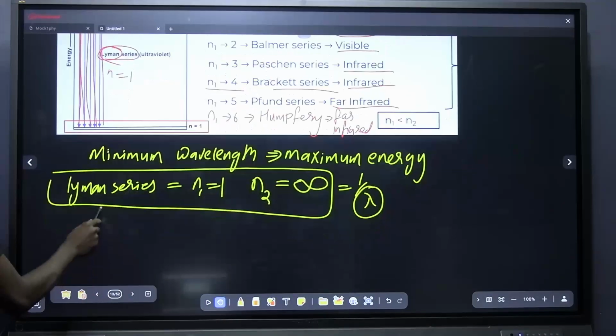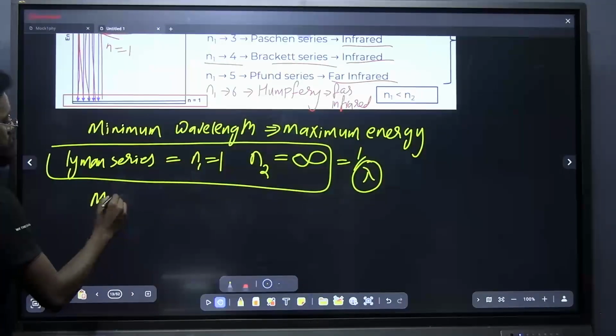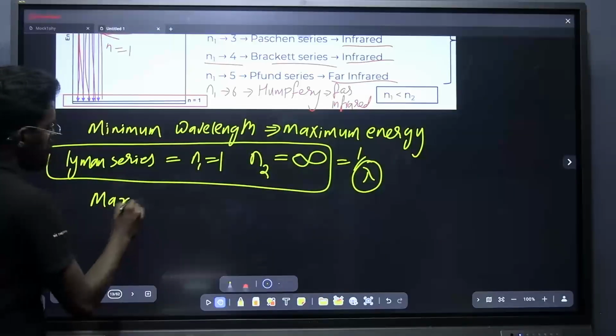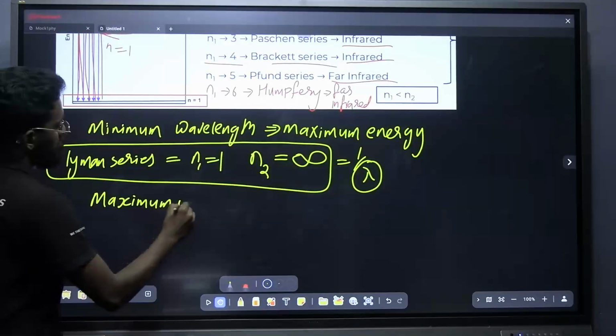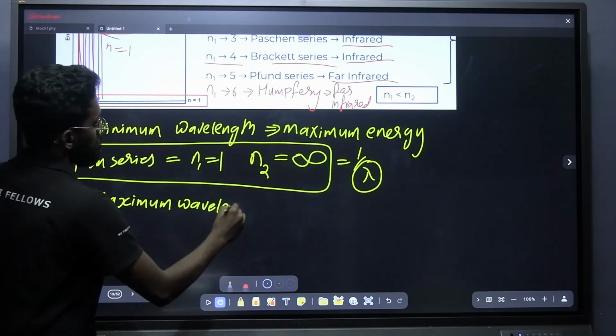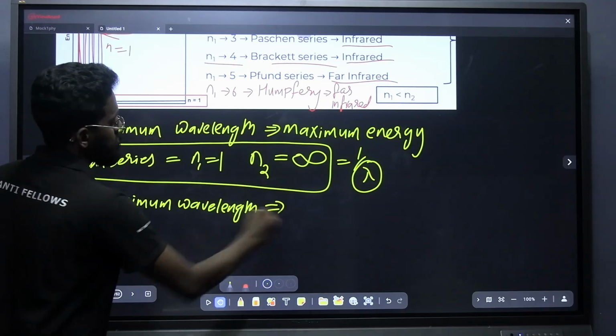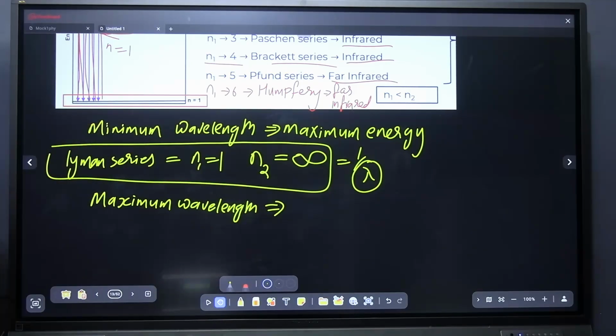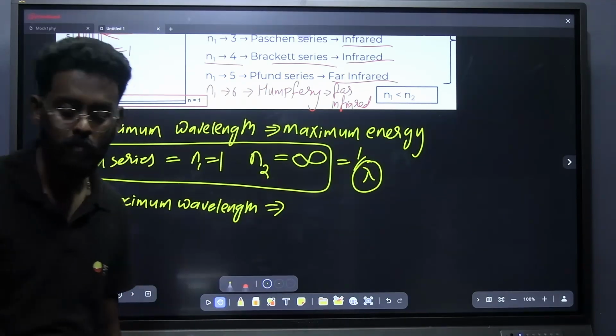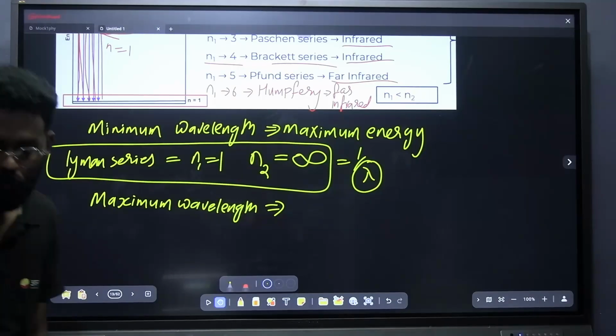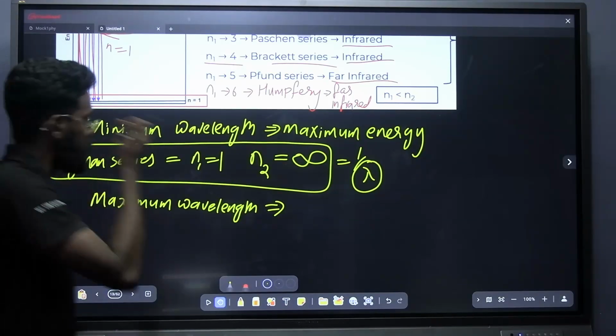And if you ask the same question, what about maximum wavelength? Maximum wavelength means minimum energy or maximum energy? Minimum. Yeah, very good, it's a minimum energy.